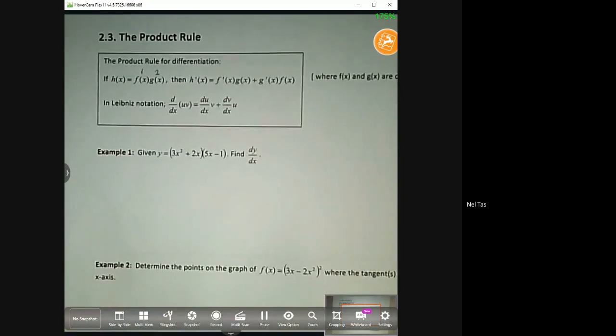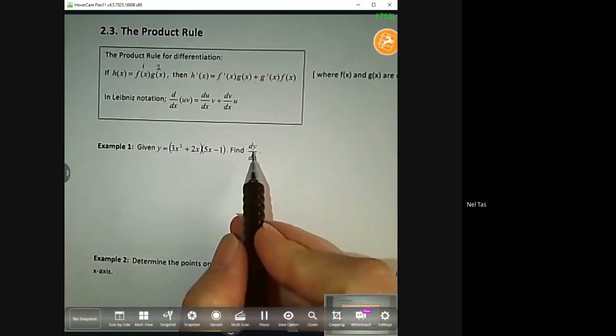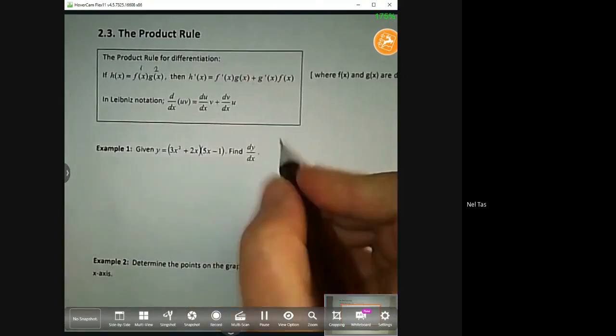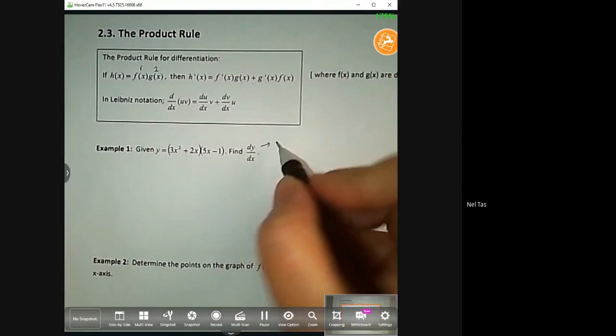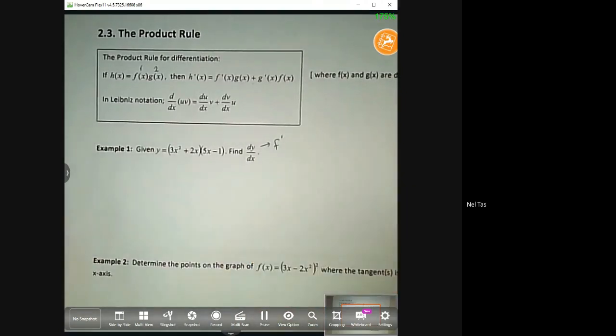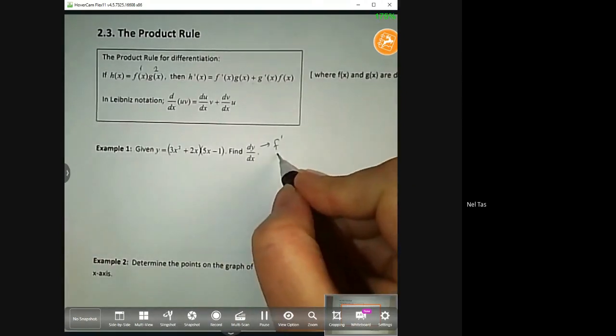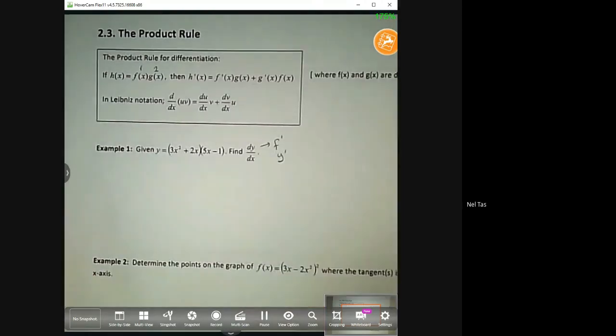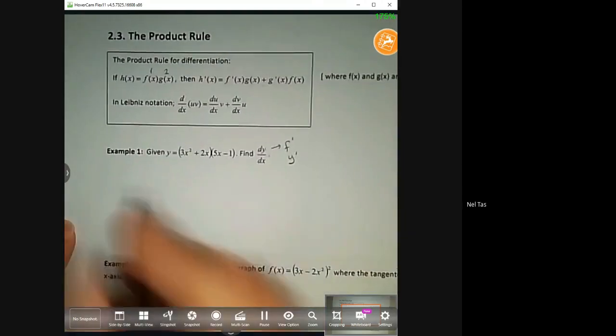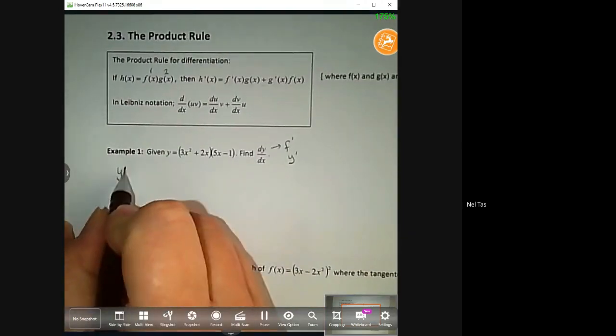Let's look at some examples here. We are given 3x squared plus 2x times 5x minus 1, and we are going to take the derivative. So dy by dx is, remember, the derivative. We can sometimes call it f prime, sometimes y prime. They all mean the same thing. So let's do the derivative.